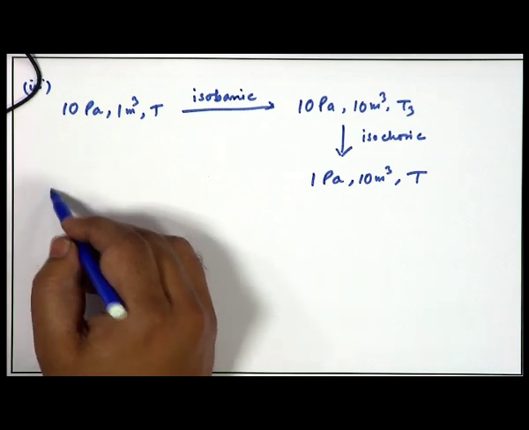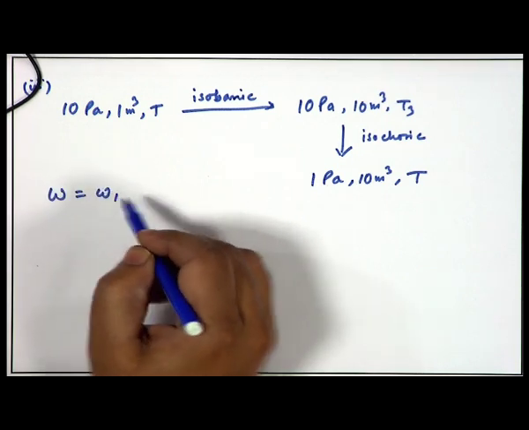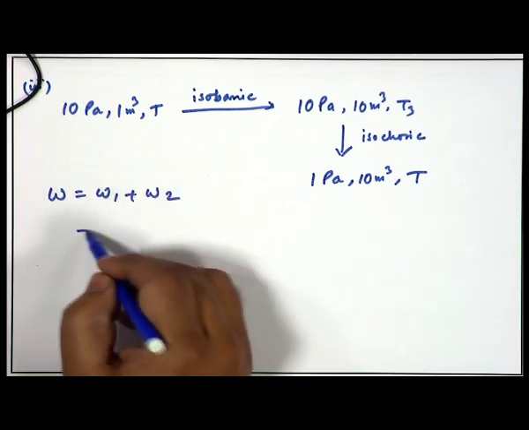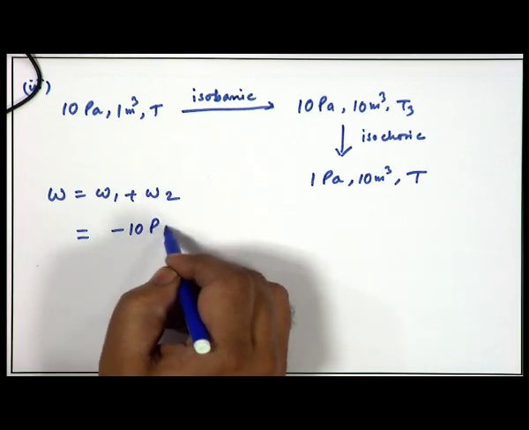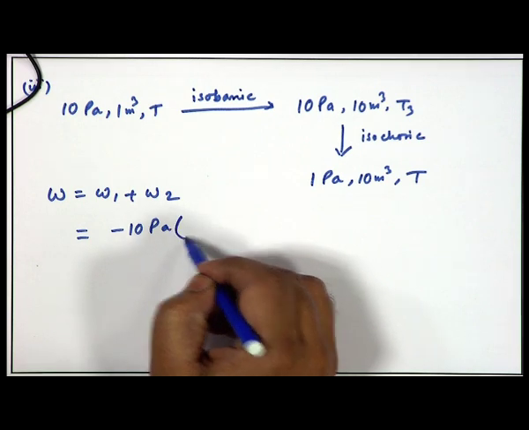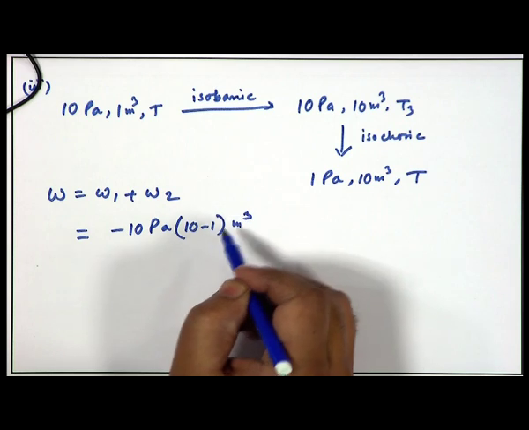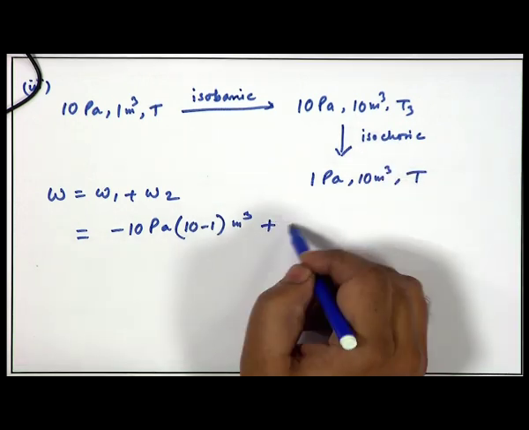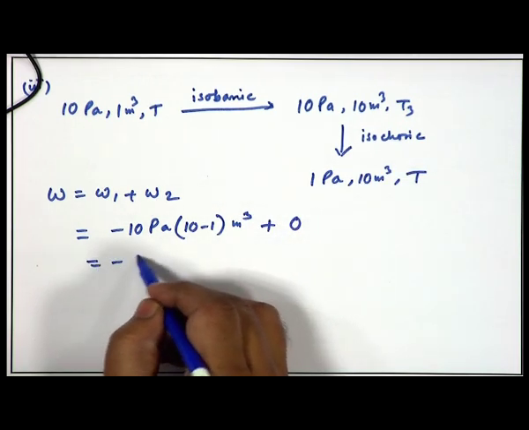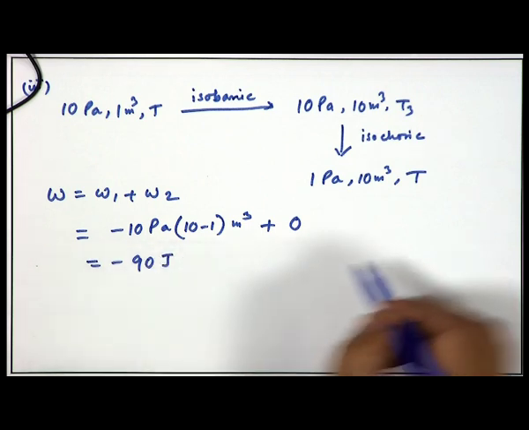So, in this case again W would be W1 plus W2, and in this case minus 10 Pa into 10 minus 1 meter cube, plus this is an isochoric process, so that will be 0, which gives minus 90 joule.